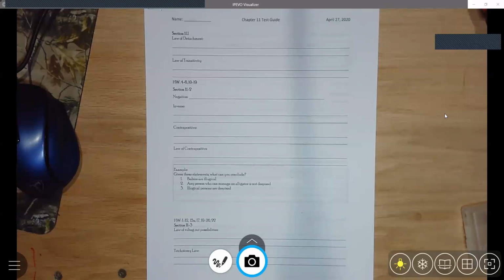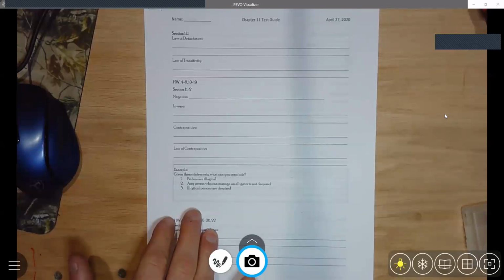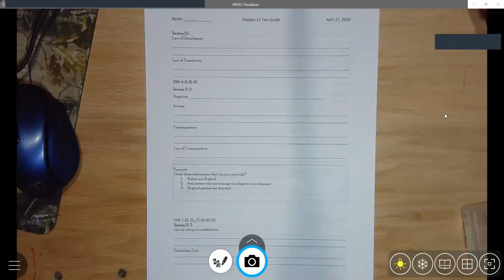So you're going to want to print out the chapter 11 test guide. So that's on Moodle. And today we're going to start out with some basic definitions and stuff to get you started.